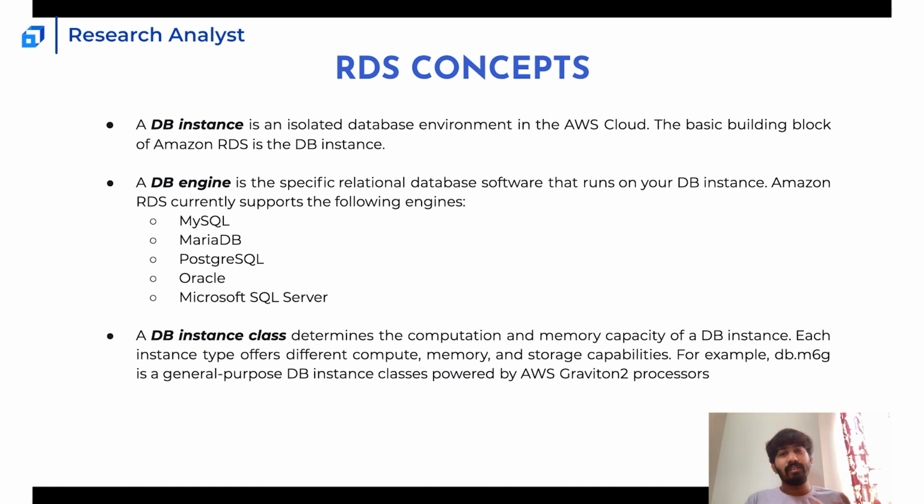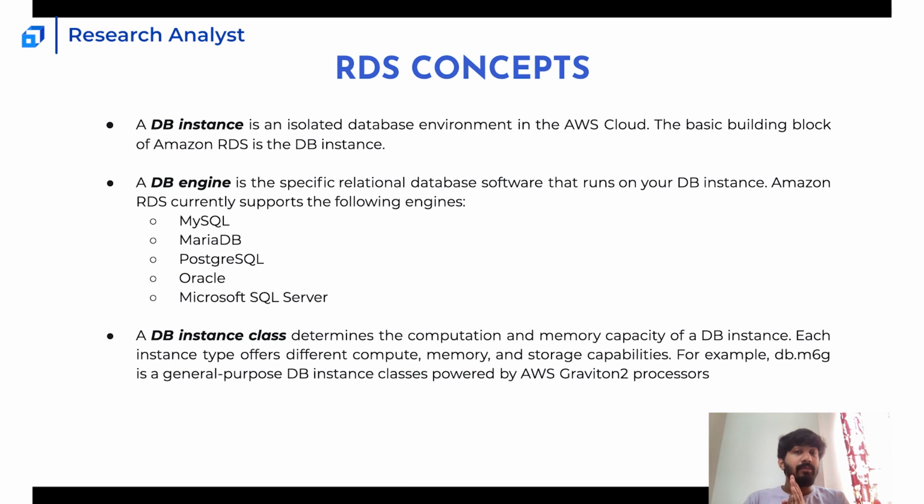That's the most basic building block of Amazon RDS, because without a database instance, you cannot do anything. Once you create a database, you would get a database instance. So a database server is what is called a database instance in this case.